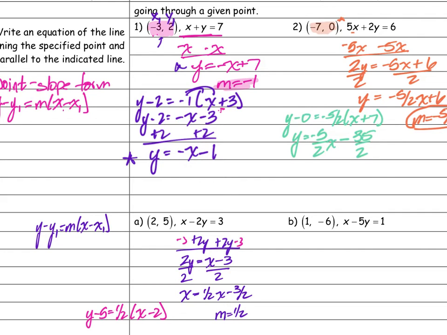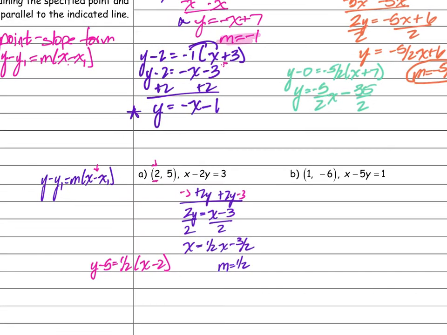Some people are just saying, oh, the x is always just going to be plus. Well, no, it's not. It says minus here. So depending on the sign of my x coordinate, it's going to be a minus or a plus once I plug it into point slope form.